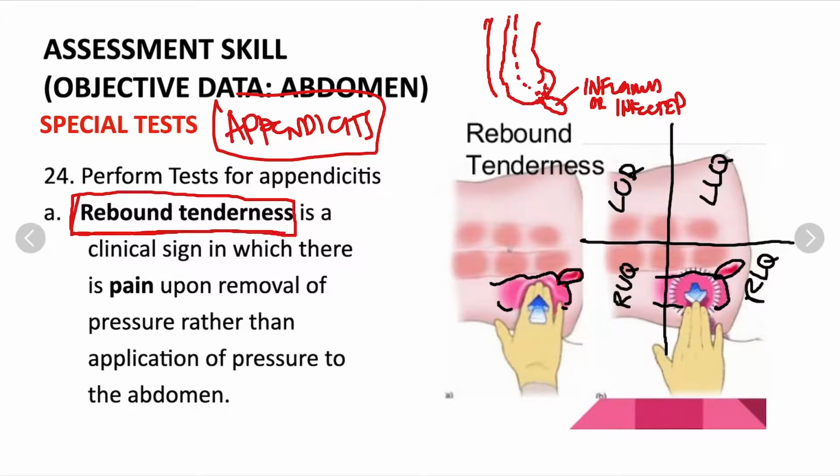So when releasing, if the patient feels the pain, he or she is positive for rebound tenderness. Okay, so that's your first test, the rebound tenderness.